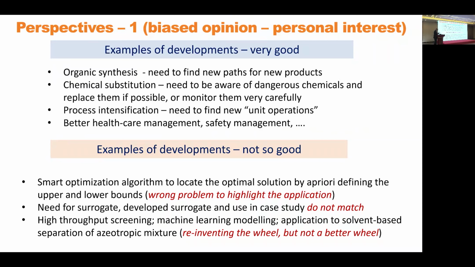The last one was high throughput screening, machine learning, all these things involved in one paper. In the end, it was 5 solvents that you can find in the database, and 3 of them are in the banned list. So things like that get published, and we have to be careful of it.